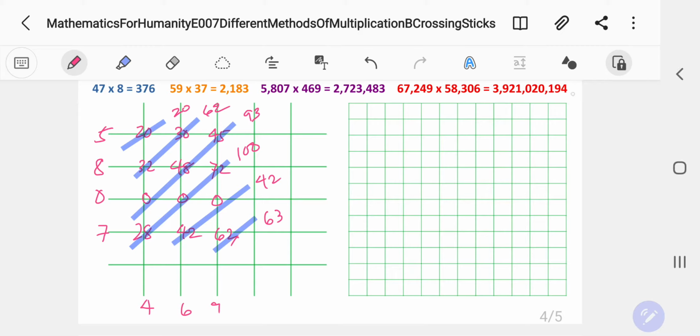So we have now 63. And then we have 42. Then we have 100. And then we have 93. And then we have 62. And then we have 20.